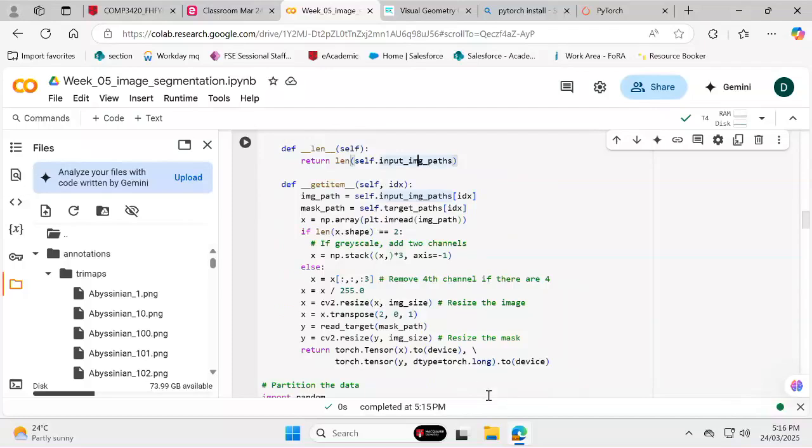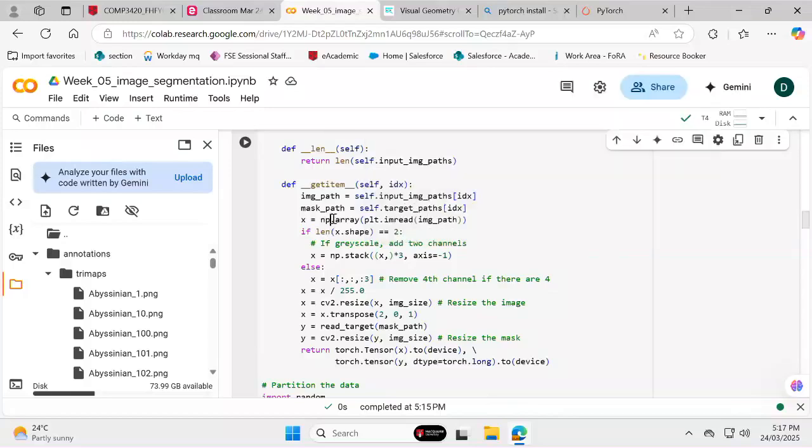So if you recall, in get item, the input is the index of the image, and then the output must be the image ready for PyTorch and the label, or labels, of the image. So in this case, we take the image path, and this is the target.